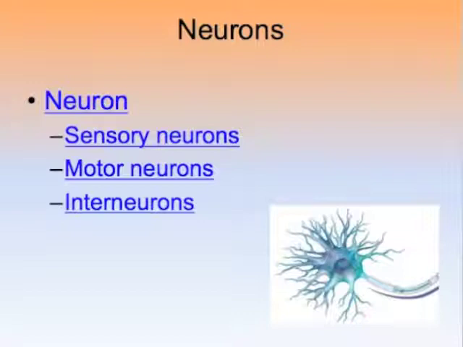So sensory messages bring things inward into the spinal cord and the brain, where it is then translated. The interneurons are the internal communication system inside the spinal cord and the brain in particular. They then process and send information back out from the brain and the spinal cord via motor neurons.